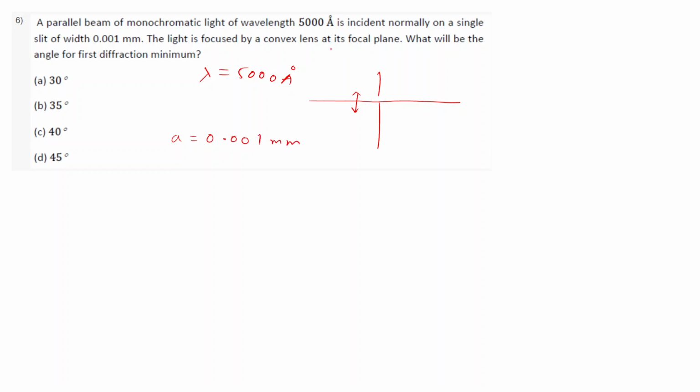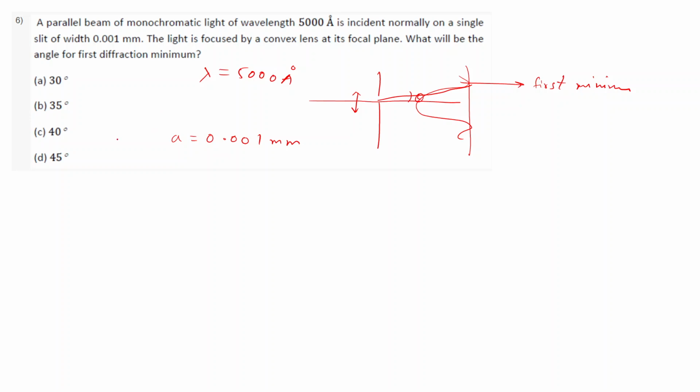The light is focused by a convex lens at its focal plane. What will be the angle for the first diffraction minimum? The same thing, first diffraction minimum. This is the first diffraction minimum. What will be the angle? So we need to find out this angle.